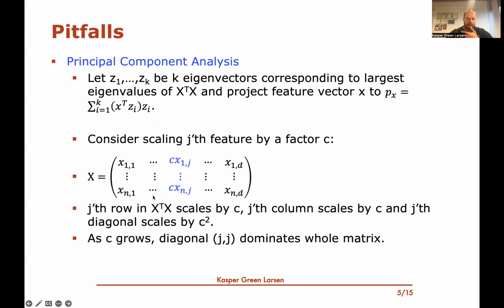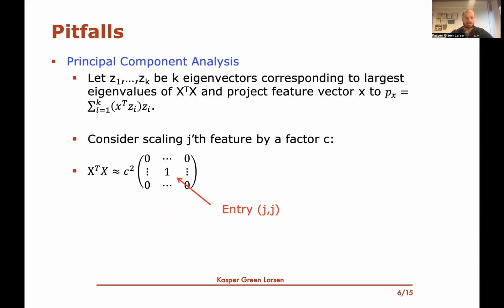Now, intuitively, if we let C grow towards infinity, with a larger and larger scaling, then this one diagonal entry is going to dominate the whole matrix, because it grows as C squared, and the row and the column grow as C, and the rest just stay fixed. So as C grows larger and larger, this X transpose X matrix is basically going to look like C squared times a matrix that has a 1 in entry j comma j and a 0 everywhere else.